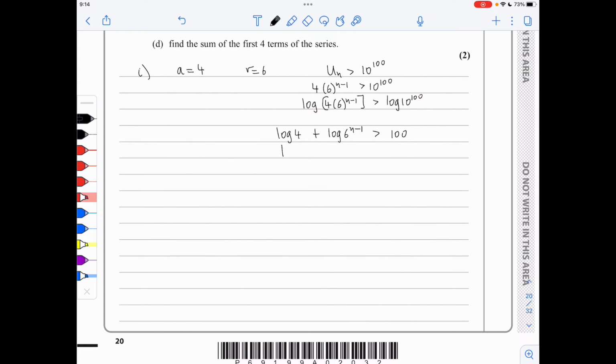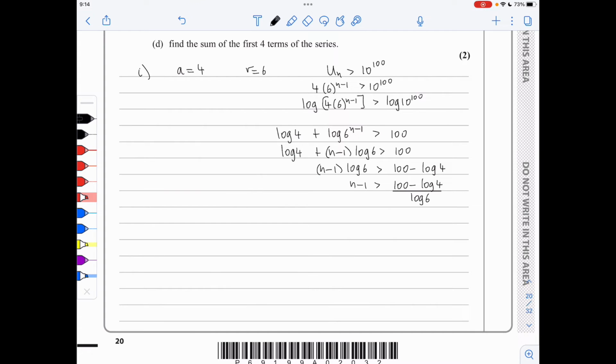Now this means that log 4 plus (n minus 1) log 6 must be greater than 100. So (n minus 1) log of 6 is greater than 100 minus log of 4. So n minus 1 is greater than (100 minus log 4) over log 6.